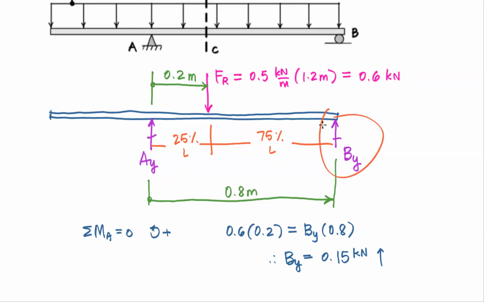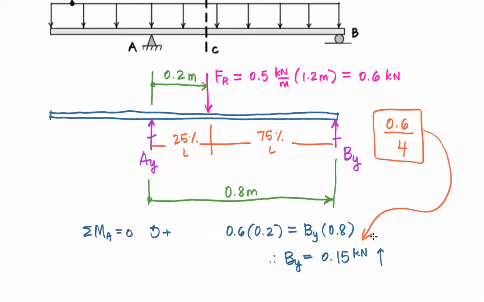The far reaction is 1/4 of the load. So 0.6 divided by 4 will be a different way to calculate this exact same number. Okay, so 1/4 of 0.6. All right, either way, we've got our reaction at B, and that's all we were using this free body for. So we're done with it.